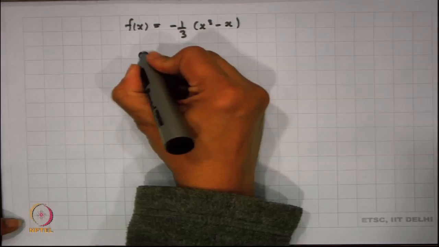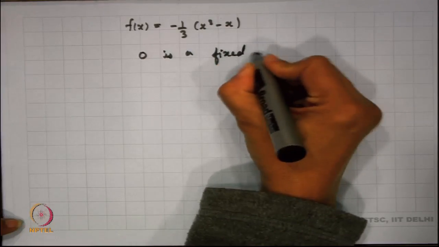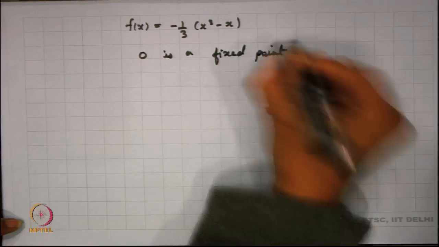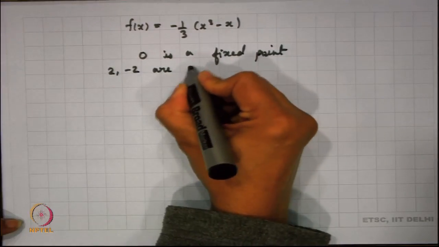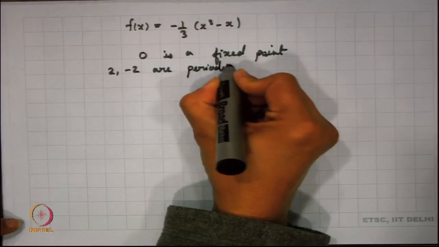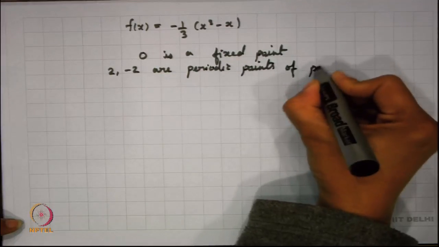It is just the previous case. In the previous case we did not have the minus sign, so 2 and minus 2 were fixed points, but here we have a negative sign. So, 2 is mapping to minus 2 and minus 2 is mapping to 2. So, here we have 0 as a fixed point, and 2 and minus 2 are periodic points of period 2.